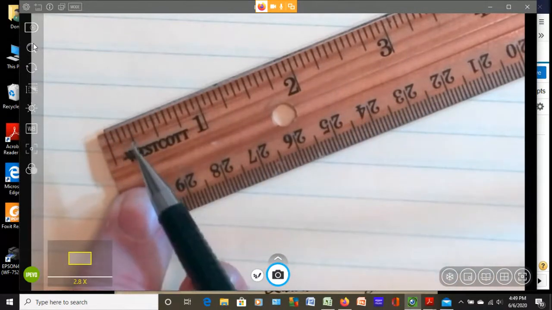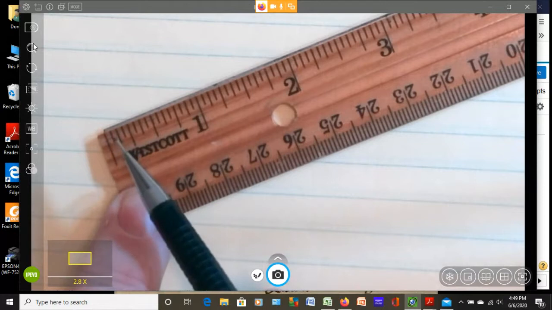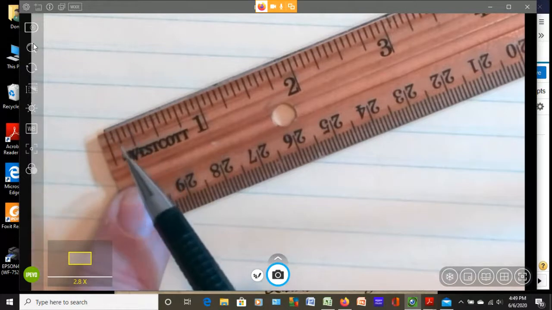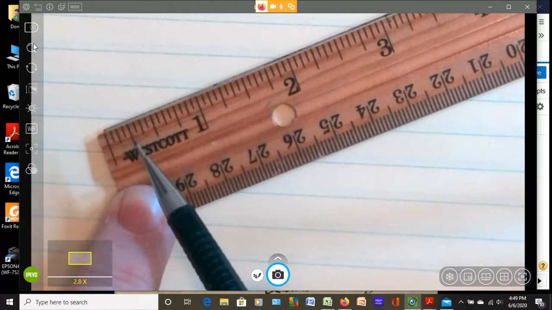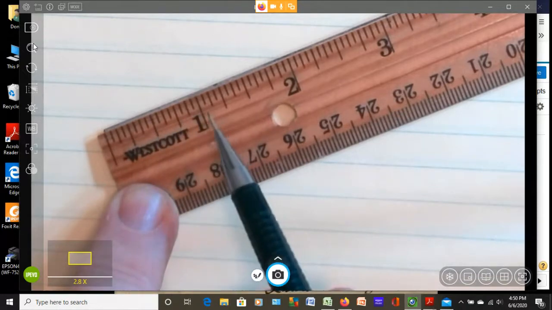But now please notice, the important part about this is that within 1 inch, there are a series of smaller divisions. Now, you look at this with me for a second and see if you agree that from here to here is one group of a certain size. One group, 2, 3, 4.